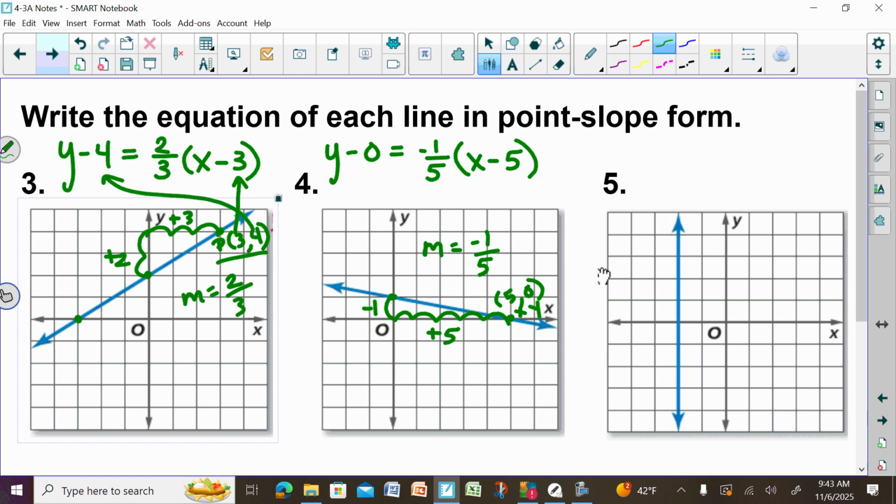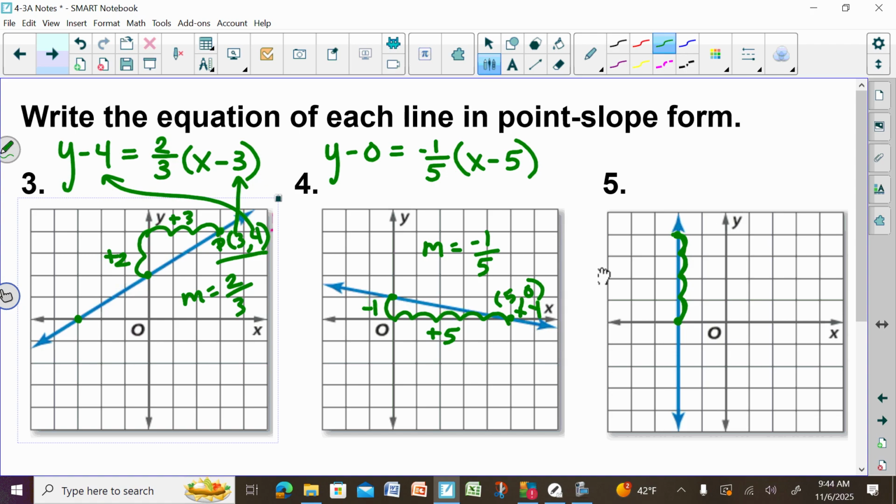Okay, and then one more time here. Vertical lines, we're going to spend a whole day on vertical and horizontal lines. These are kind of a pain. We can do the best we can, other than we don't have a slope to plug in. When we rise only, we're rising or falling, it doesn't matter which way we decide to go here.